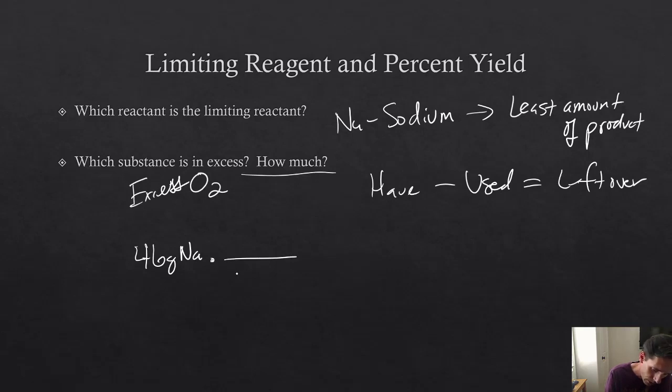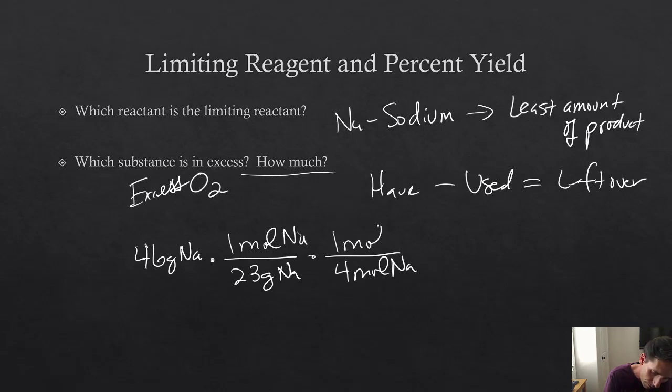In every 23 grams of sodium, there's 1 mole of sodium. And based upon our balanced equation, for every 4 moles of sodium, there's going to be 1 mole of oxygen. And I'm going to convert it into mass, and the reason I'm doing that is because we were given a mass.